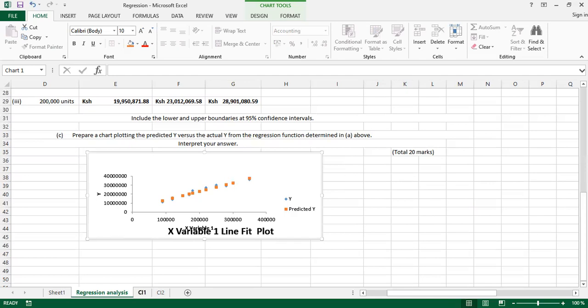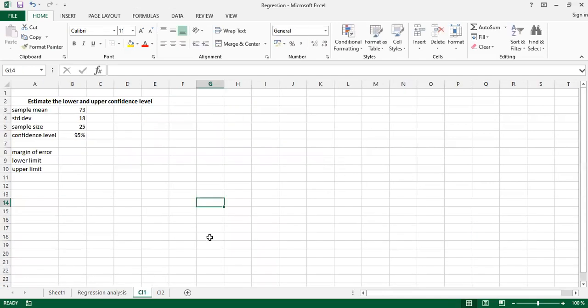And so we will come to this simple one here so that you understand more of the confidence interval. So estimate the lower and the upper confidence level or limit, isn't it? Here you can see that our sample size is below 30, it's 25.